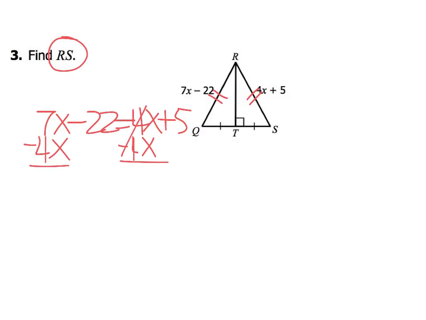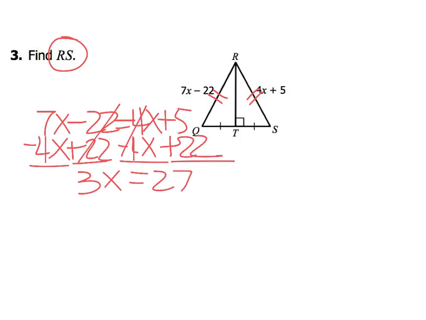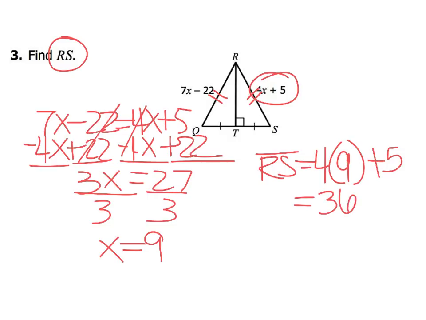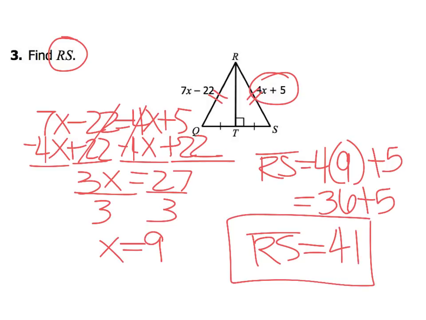Add 22 to both sides. We get 3x equals 27, and x equals 9. Now our goal is to find RS, so we plug it back in to 4x plus 5. So RS equals 4 times 9, plus 5, 36 plus 5. So therefore RS equals 41. And we're done.